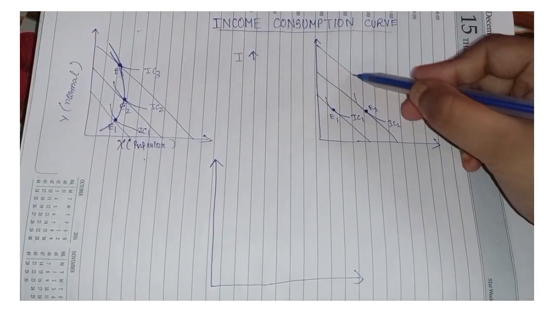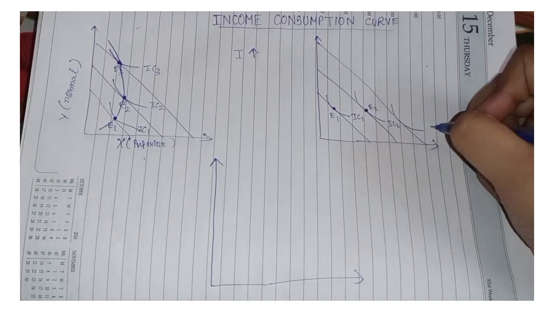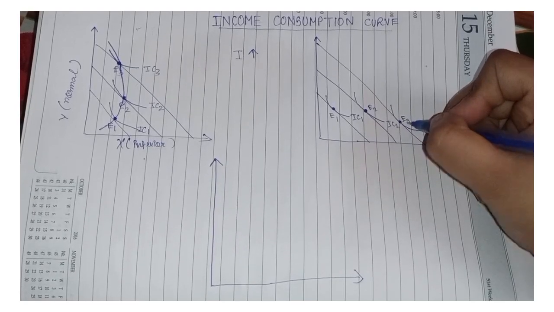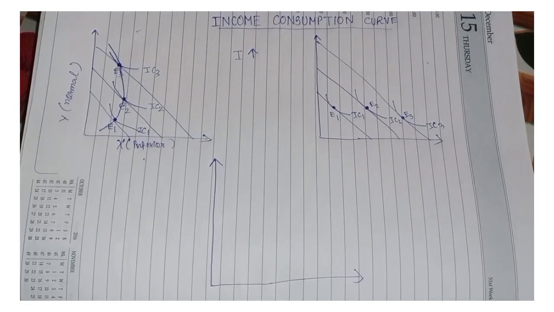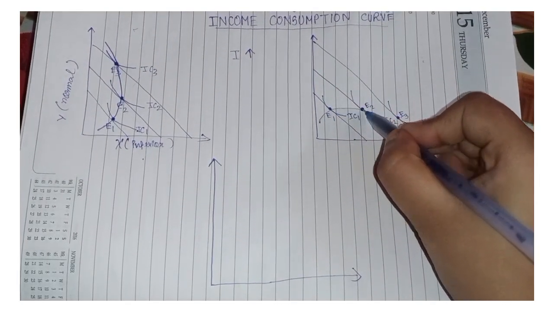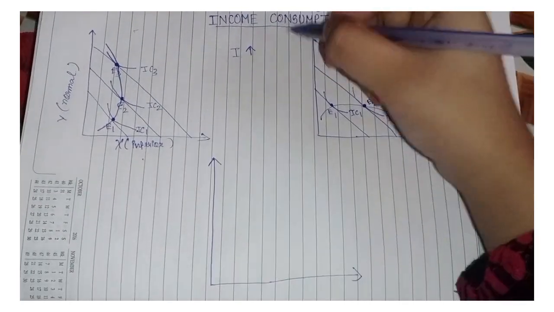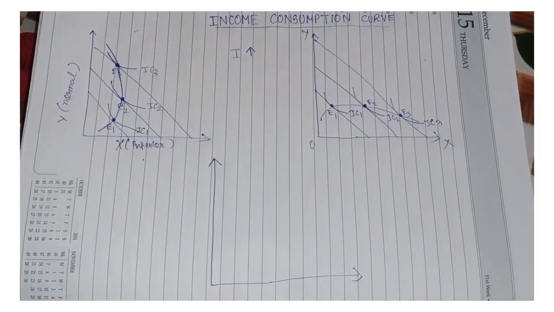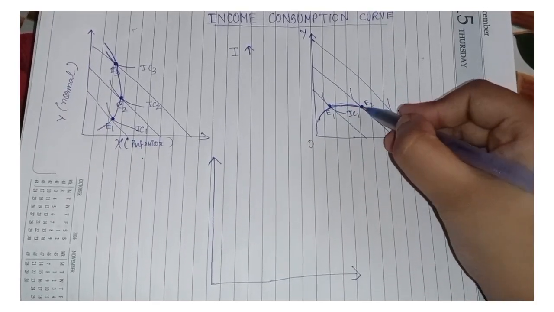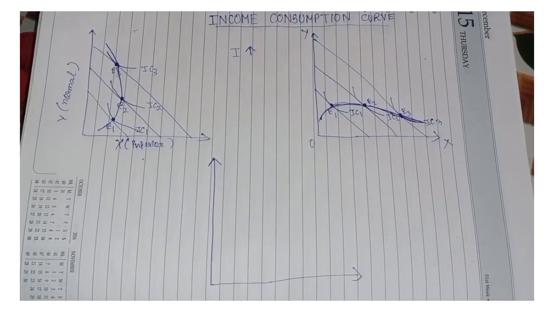If further my budget increases, let's say that this is my IC curve, that is IC3, and this is my equilibrium point E3. Now if we see from this graph, the curve that is joining, it's bending towards the x-axis. This is the x-axis and this is the y-axis. Okay, the curve is bending towards the x-axis, right?